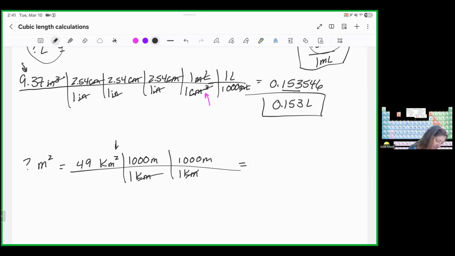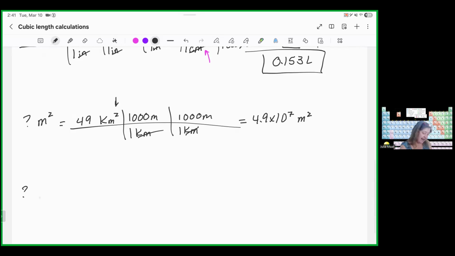Okay, and this is going to give me 4.9 times 10 to the 7 square meters. Okay. So however many of those units you have to cancel, if it's squared, you do it twice. If it's cubed, you do it 3 times. If it were to the 4th, you would do it 4 times, right?